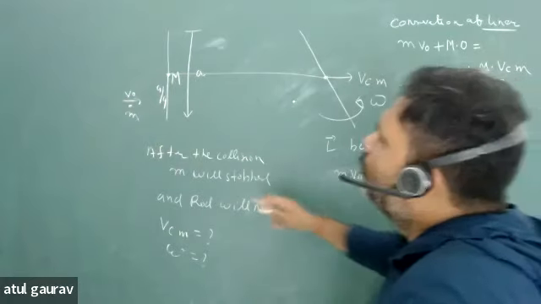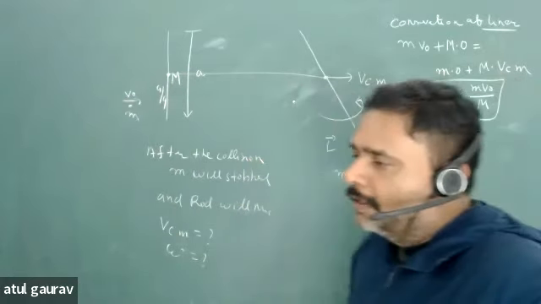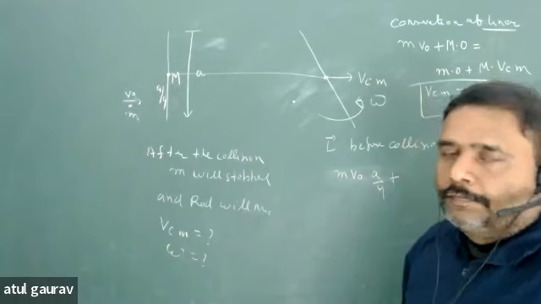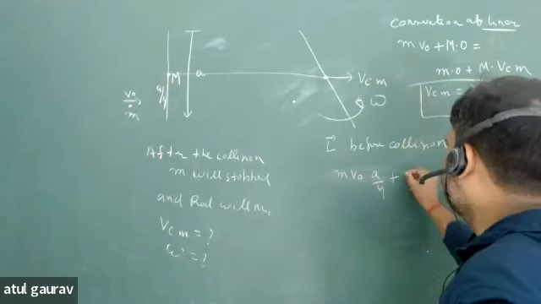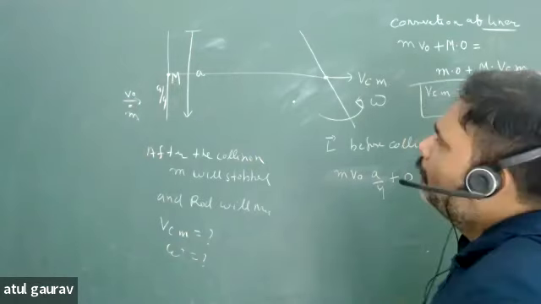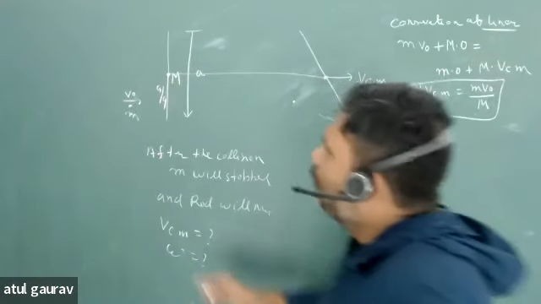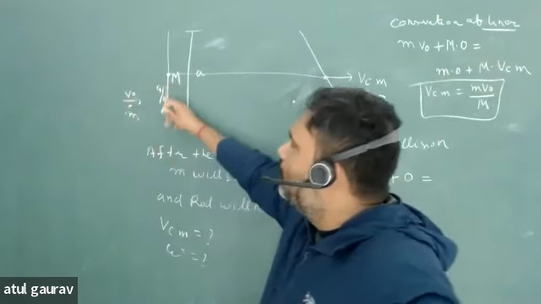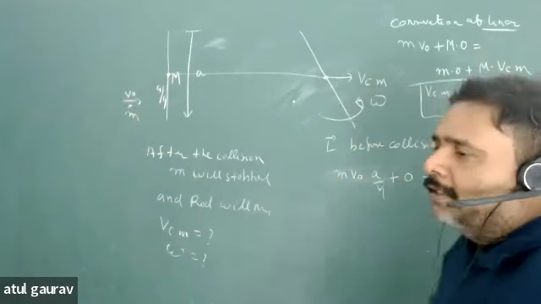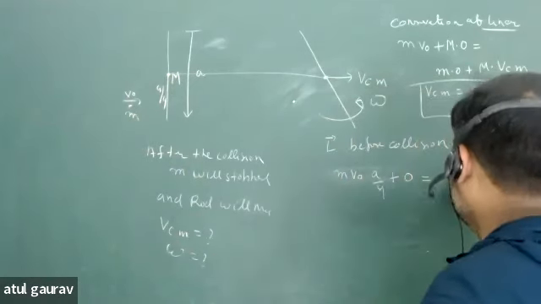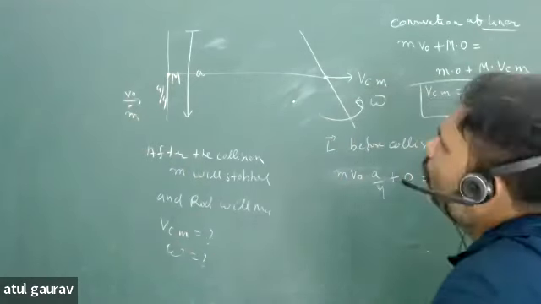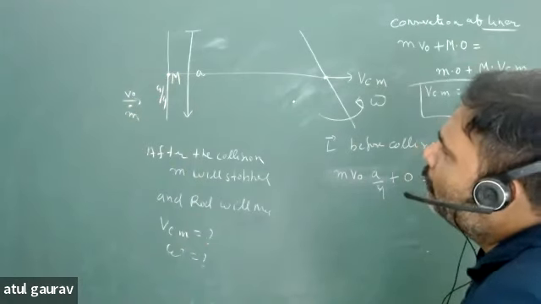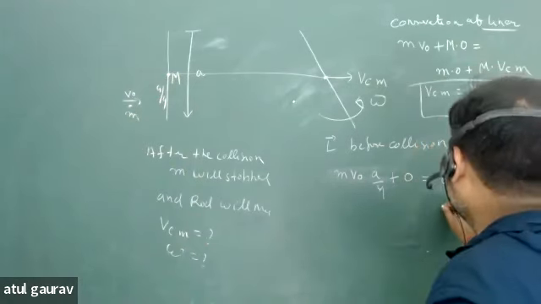And what will be angular momentum of this rod before collision? 0. Okay. Now, what will be angular momentum of a particle about this point after the collision? 0. Now, what will be angular momentum of rod? वो क्या लिखेंगे?